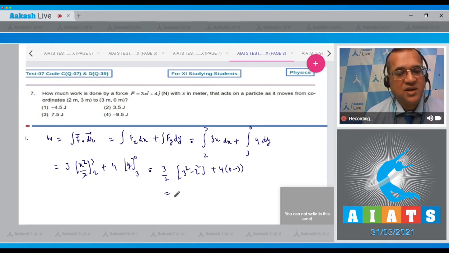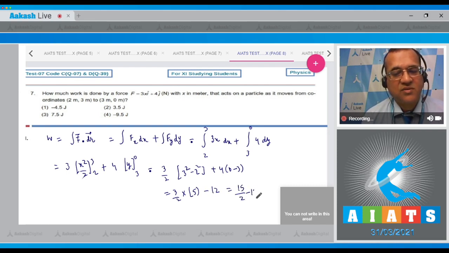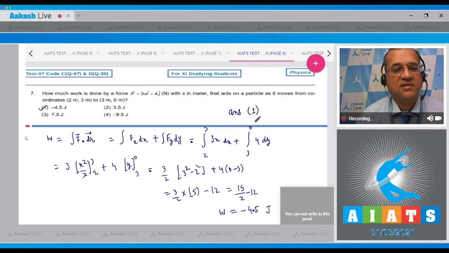So this is 3 by 2 into 9 minus 4, which is 5, and minus 12. So 15 by 2 minus 12 and that is minus 4.5. So minus 4.5 joule should be the work. And the first option is minus 4.5 joule. So answer to this question is the first option.